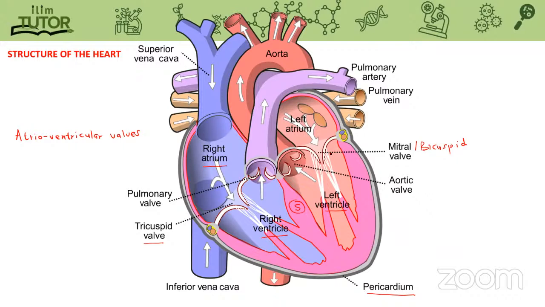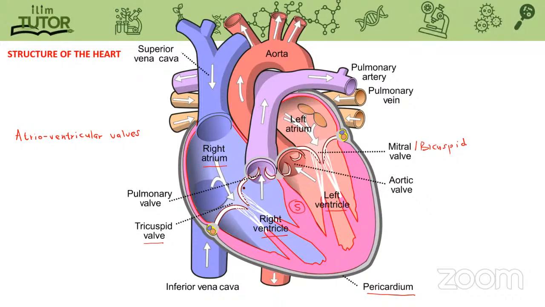The heart is a muscular organ, that is true, but the left ventricle is the most muscular part of the heart, simply because it is pumping blood, one, against gravity, and then two, most importantly, it is pumping blood through a long distance.